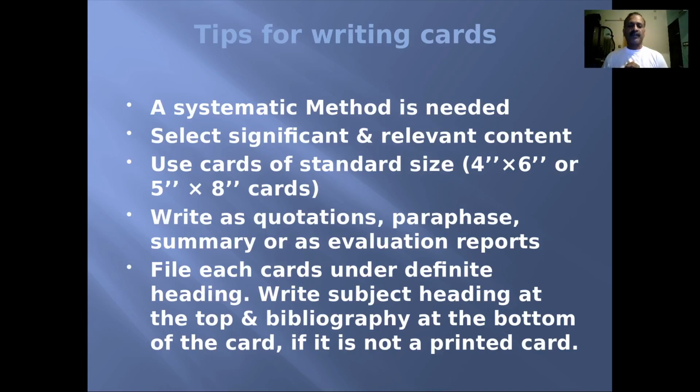Then you enter the information, and at the bottom you write the name of the author, which journal you got this information from, the volume number of the journal, the edition, and the page number of the article. If numerous authors are there, there are some standard styles, and you have to enter it according to the standard style.